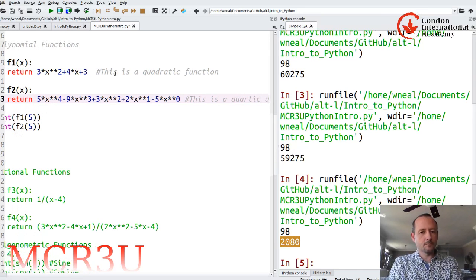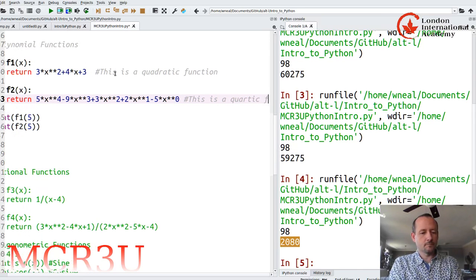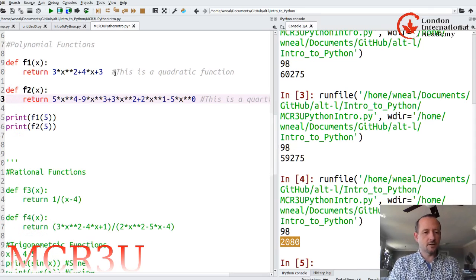And why is that? Because the highest power of x is 4. And when the highest power of x is 4, we have a quartic function. When the highest power of x is 2, then we have a quadratic function. Alright, so there's calculating using polynomial functions.